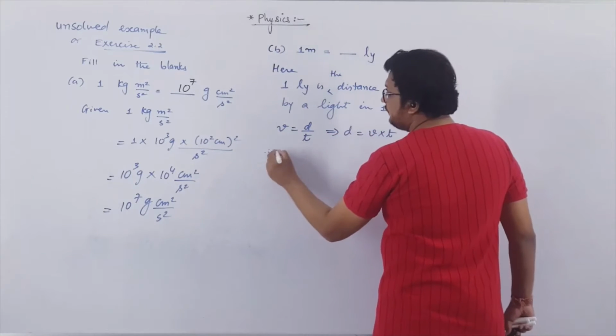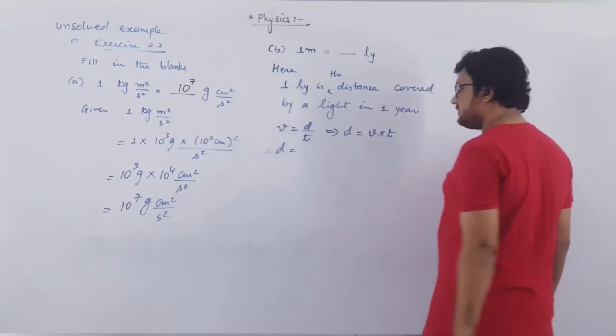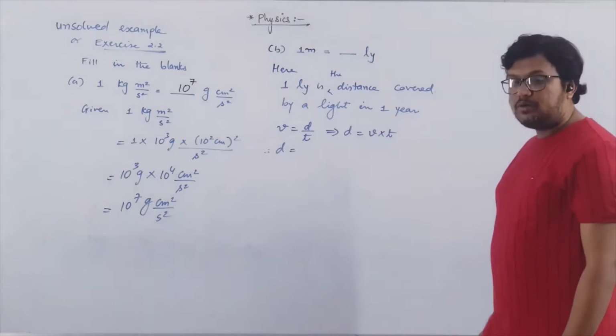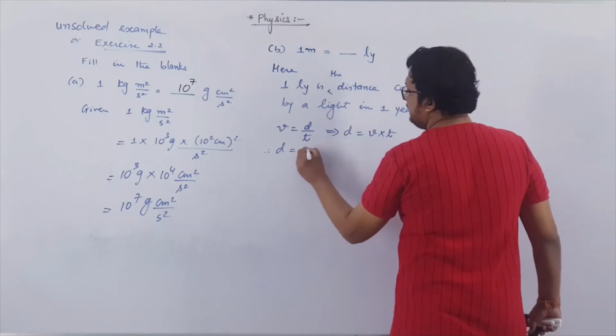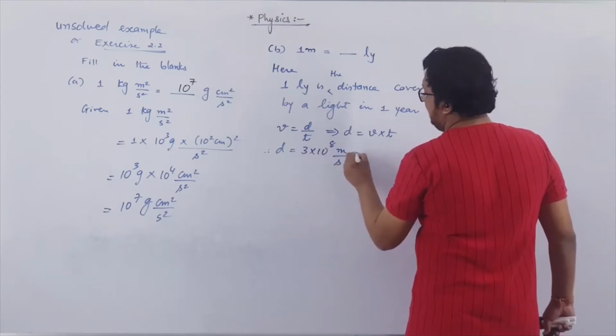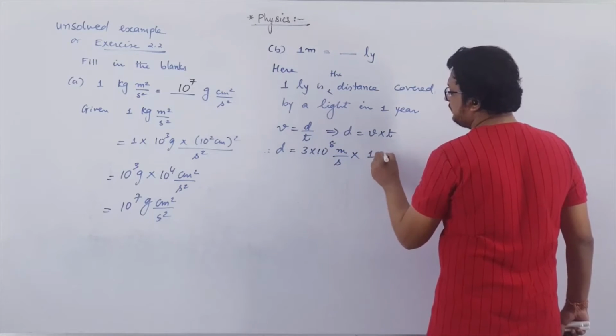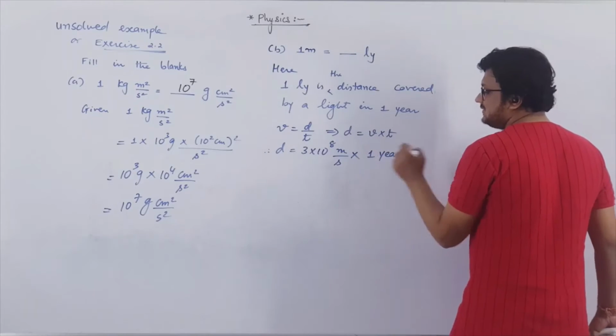Right? So therefore distance will be equal to speed of light. You might have come across this in standard 10, chapter number 10, right? So speed of light V is 3 into 10 raised to 8 meter per second, and time is 1 year. So we have to convert year into second because this is in second.